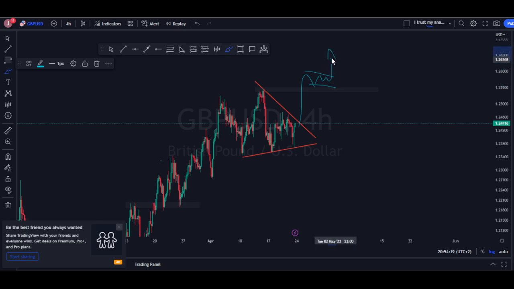Just entering here might be too risky, because we don't know how price is going to play out next week once the market opens. So just wait for these confirmations. So that's it for the buy.